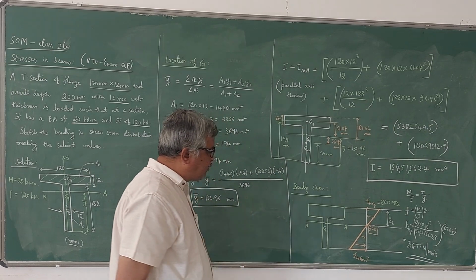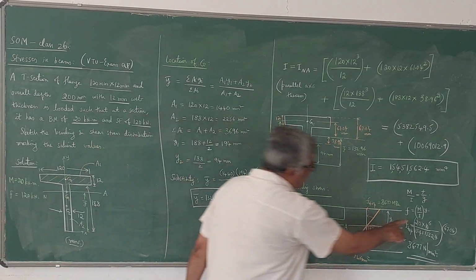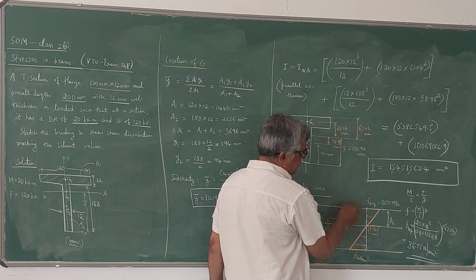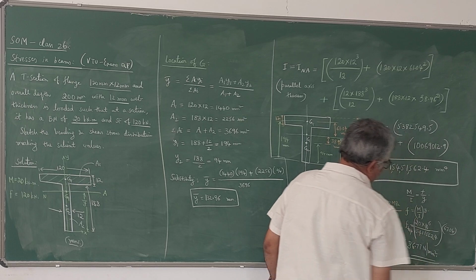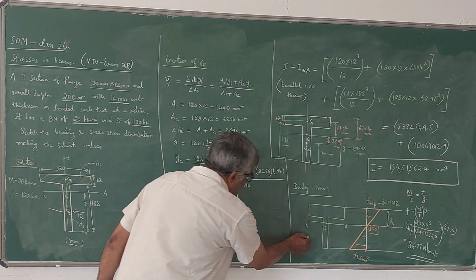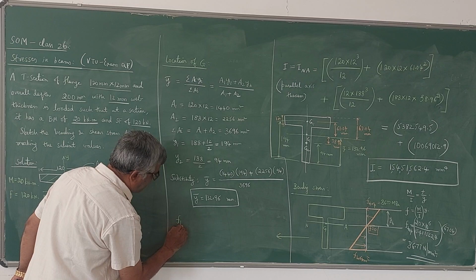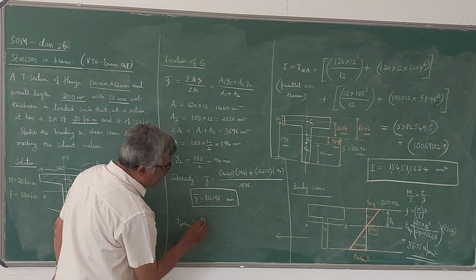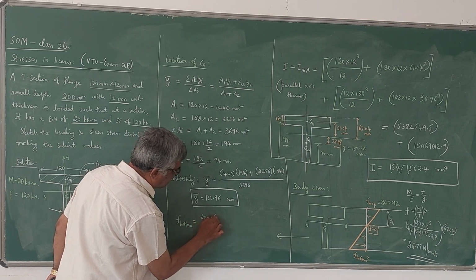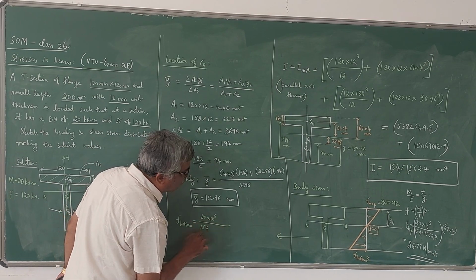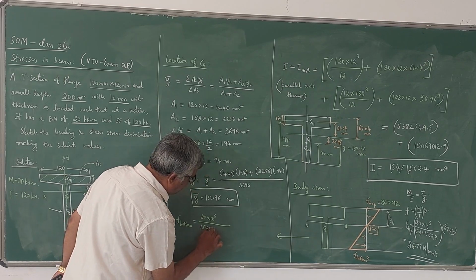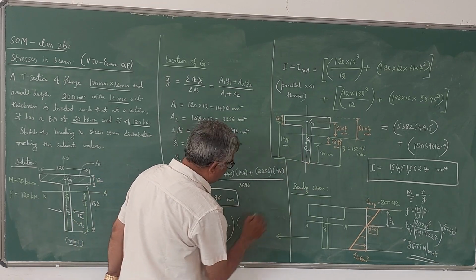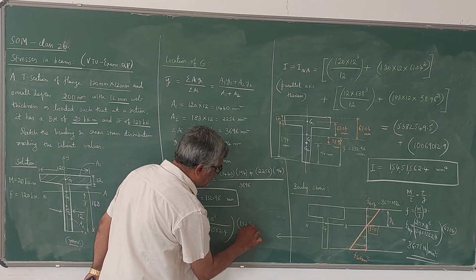Similarly, you can find F bottom by just writing the y value as 132.96. Only this will change, the rest will not change. Here I will write F bottom, the stress at the bottommost fiber. It is the same M by I: 20 into 10 power 6 divided by 154 515 62.4 multiplied by the y value 132.96.